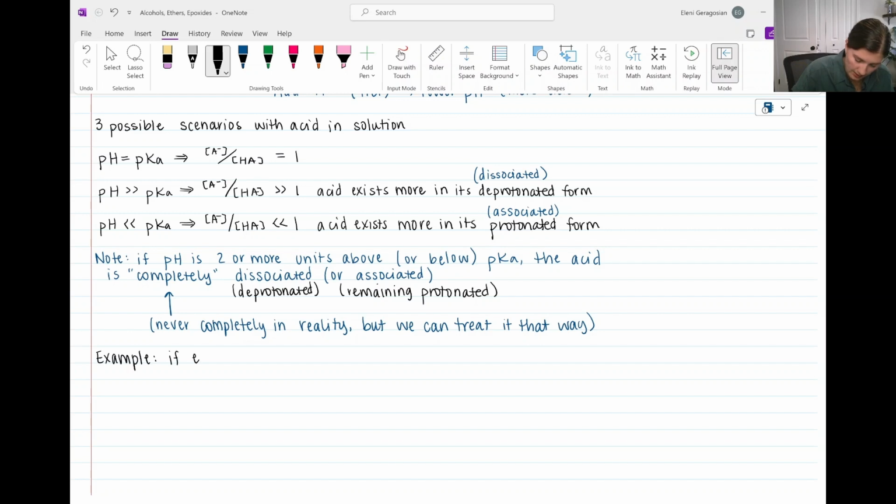We'll say if ethane thiol is added to a solution with pH of 12, what form of ethane thiol will be in highest concentration?